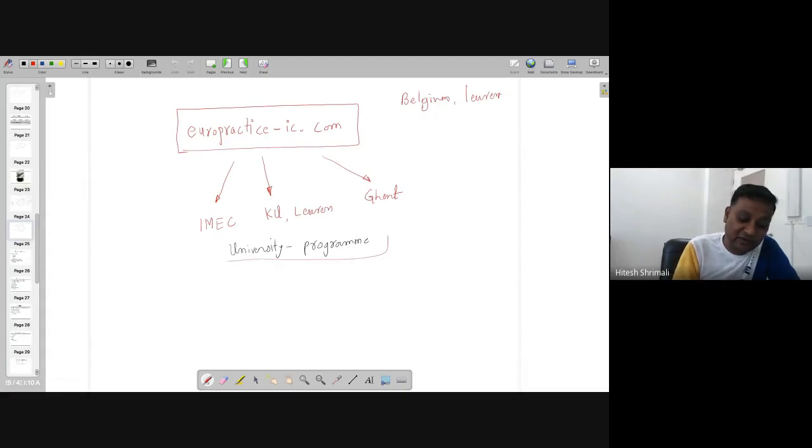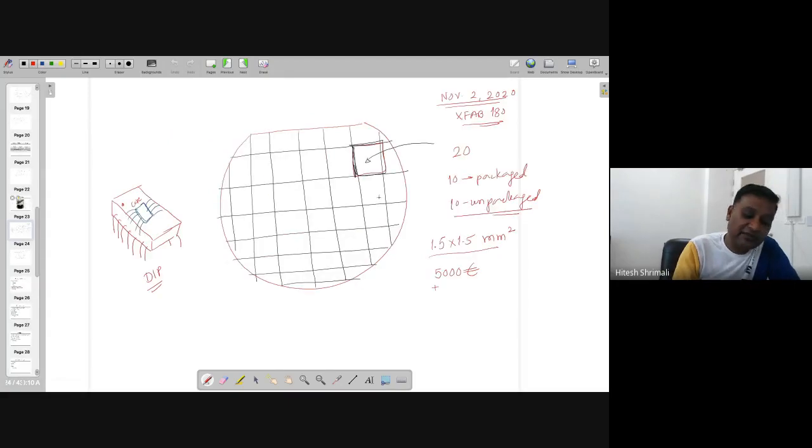Under the university program, you are not supposed to buy the whole wafer. Now you can understand, if I am buying the whole wafer, it's very expensive. On such wafer, approximately 300 to 400 such 1.5 by 1.5 mm square area things can be accommodated.